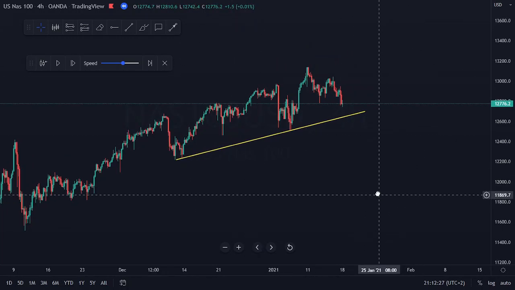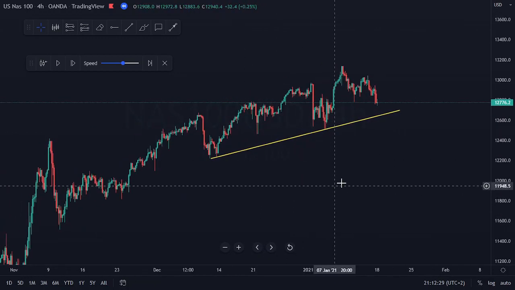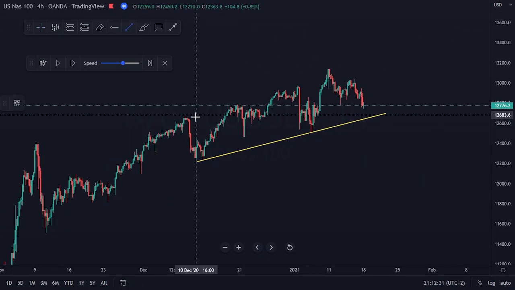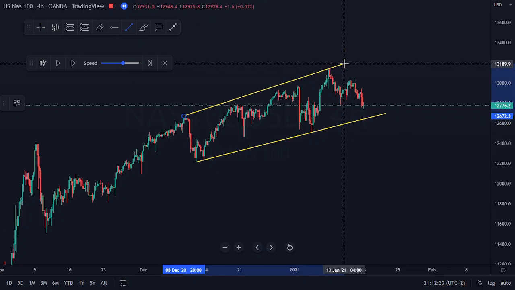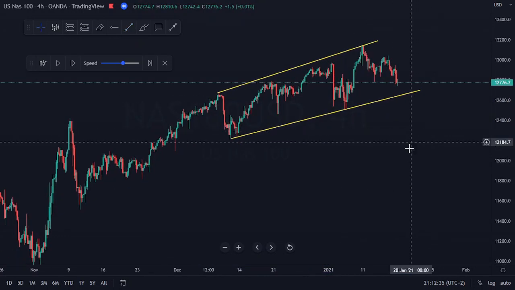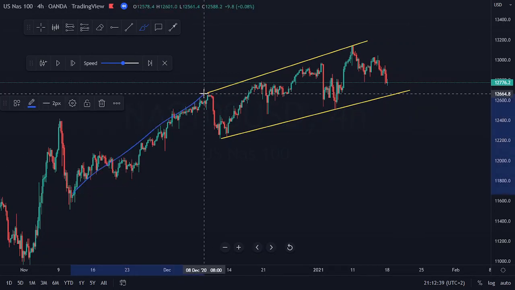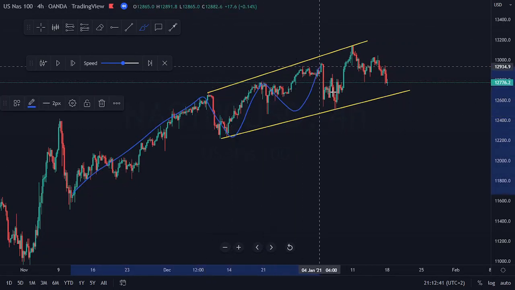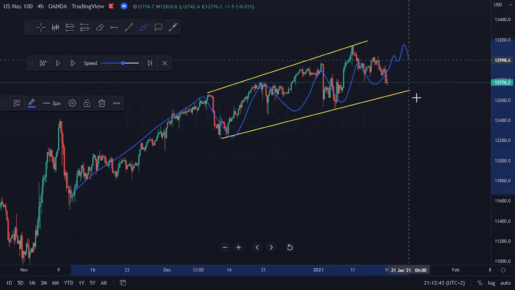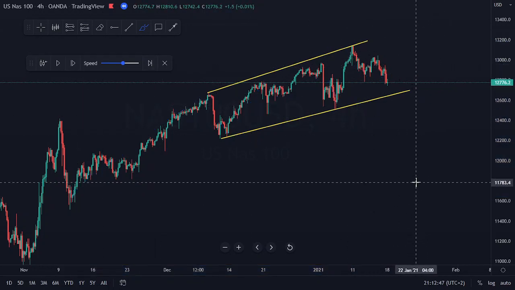Okay. So on the 4 hour, what we are seeing on NAS100 here is it is clearly in an ascending structure. Now, this ascending structure comes after what? It comes after an impulsive move to the upside, a correction. So we are looking for the next impulse to be to the downside. That does not mean you're going to force the market to go to the downside.